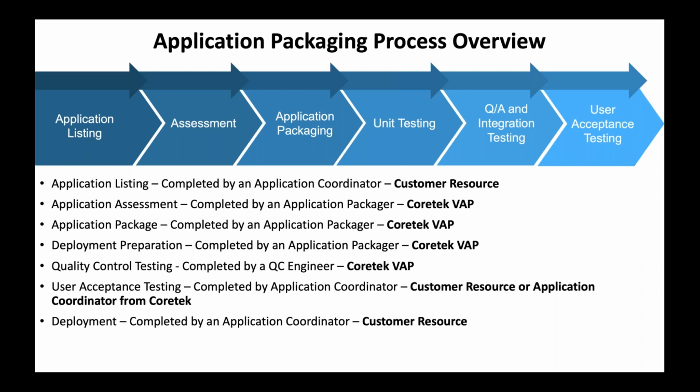Once the application is packaged and the application packager does a self-test, we can then move into unit testing. So that's an internal test that we do that is the self-test. So we do unit testing, that is a self-test of the application to make sure that it is installing and functioning to the best of the packager's ability.